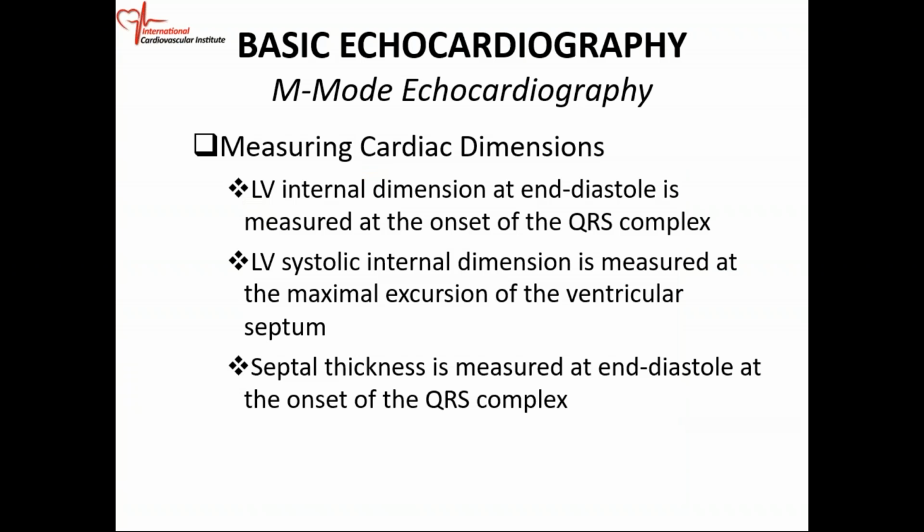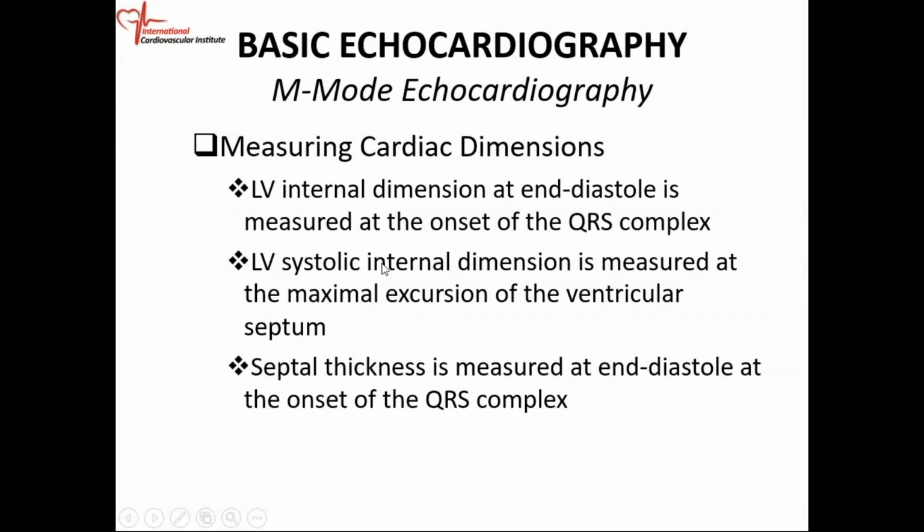Again, these couple of statements are very important, especially for people who are going to be doing exams. The LV internal dimension at the end of diastole is measured at the onset of QRS.